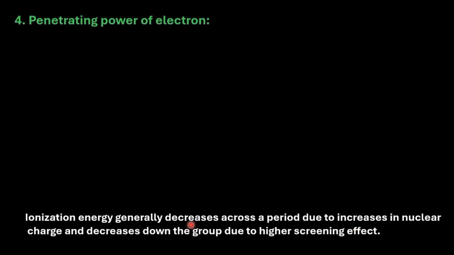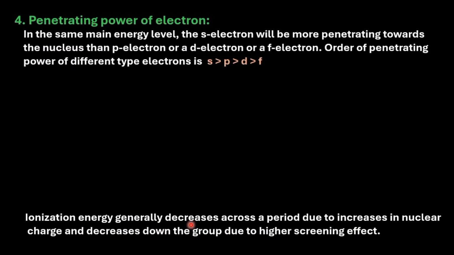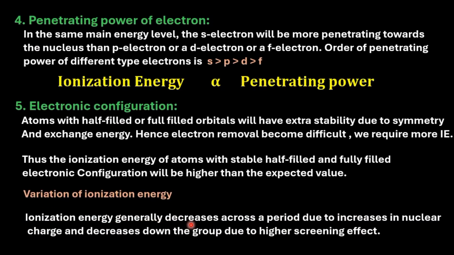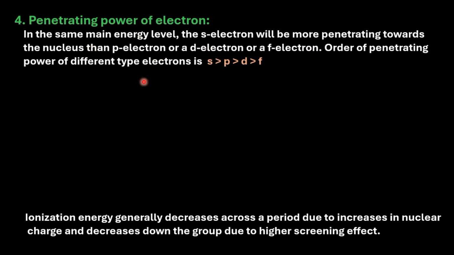Whereas penetrating power: in the same main energy level, s electrons rush toward the nucleus faster, then p electrons, then d, then f. If the penetrating power is more, the ionization energy is definitely more.